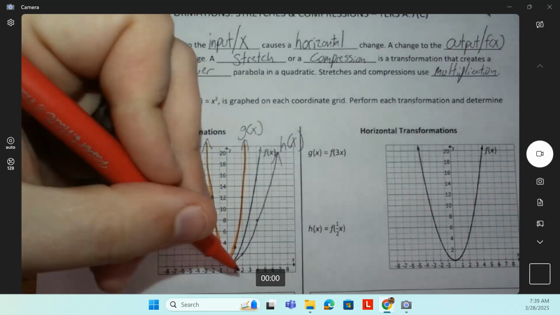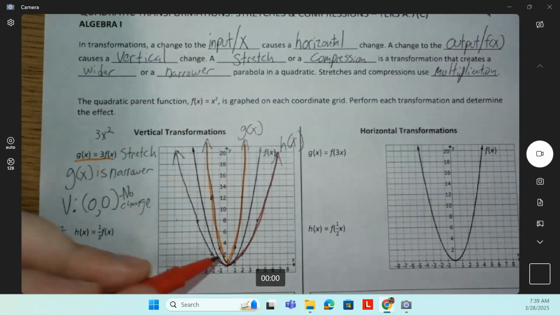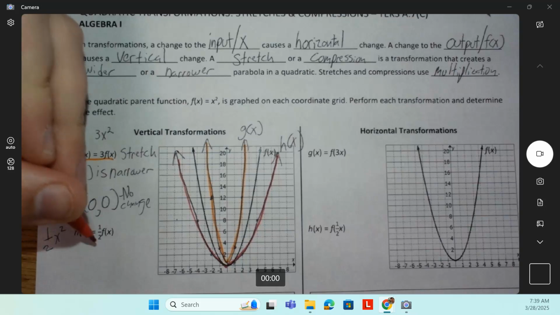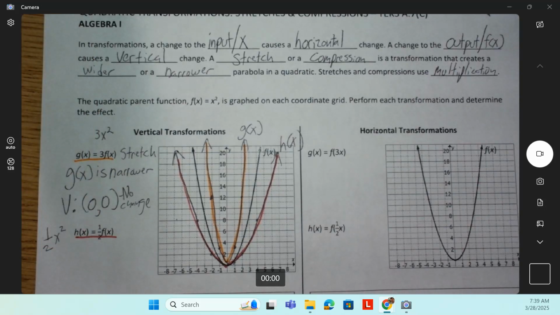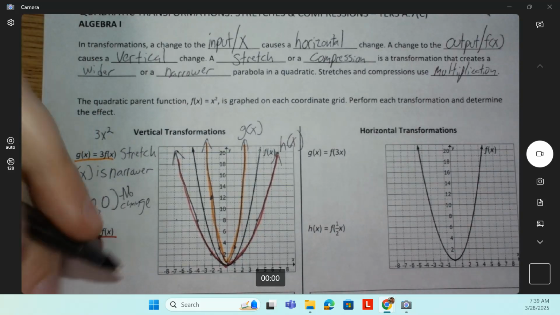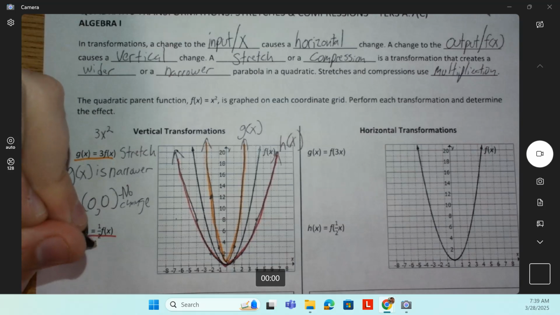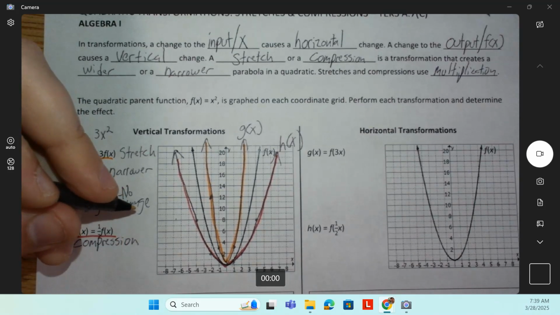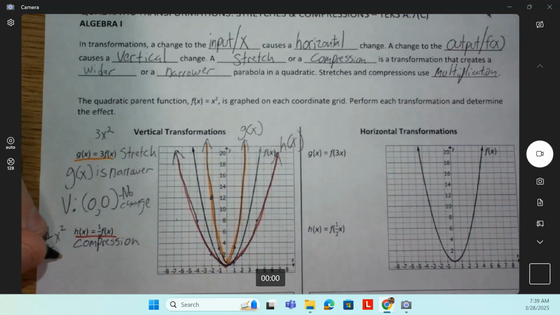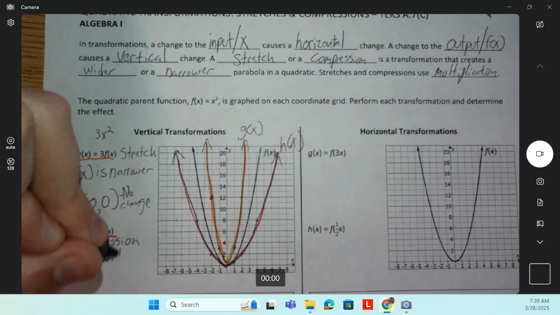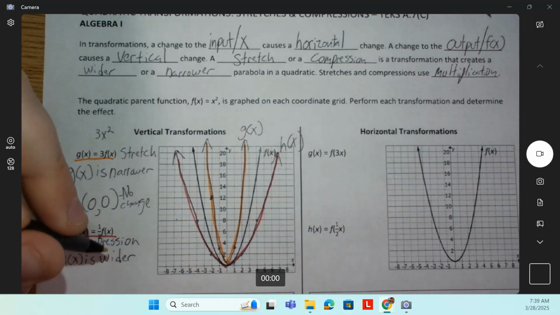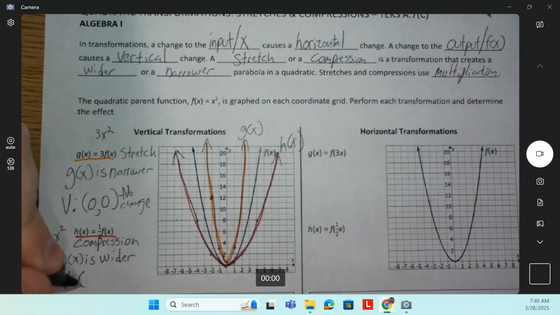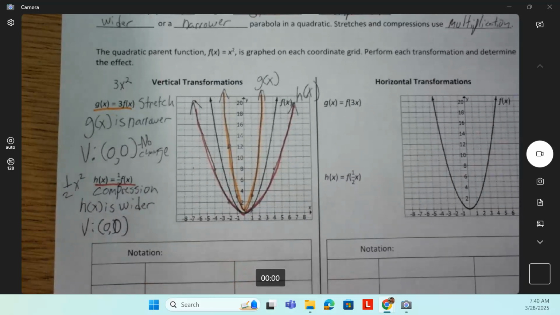There's my h of x. And so this is going to be a compression, and h of x is going to be wider. And still, the vertex has no change. It'll still be 0, 0.